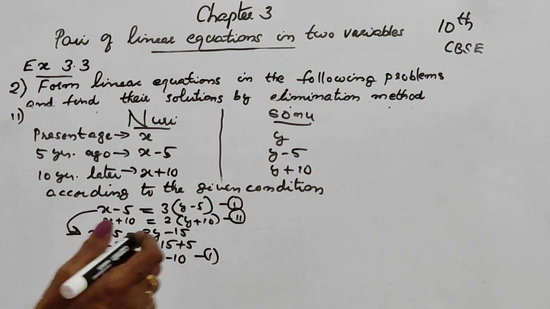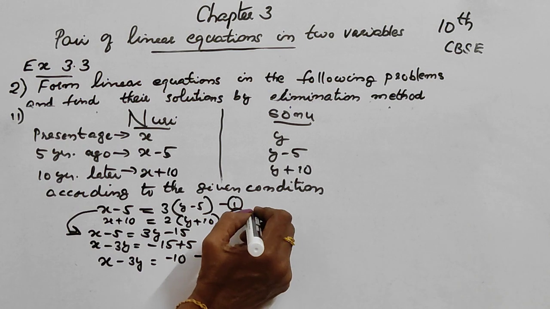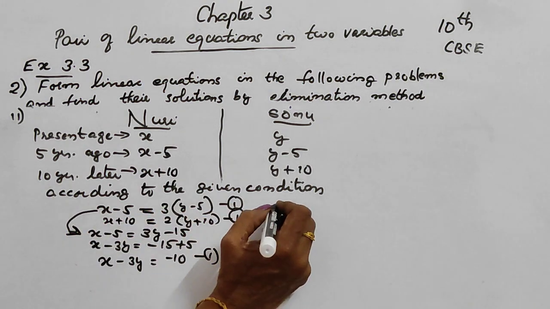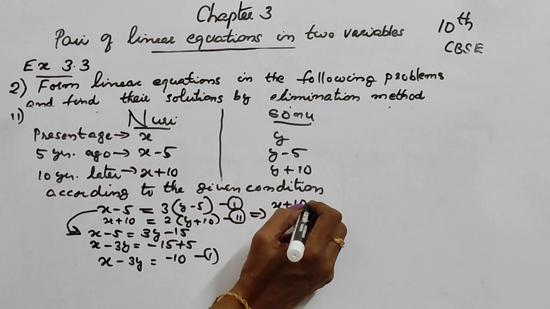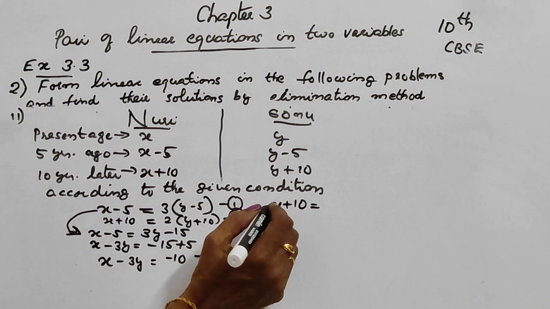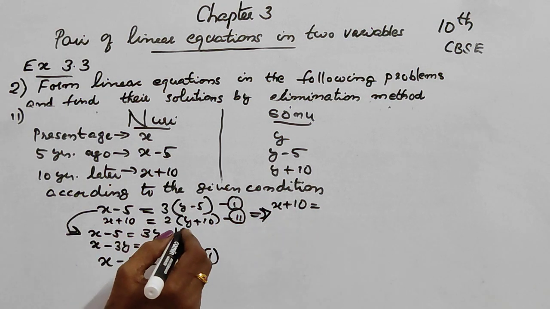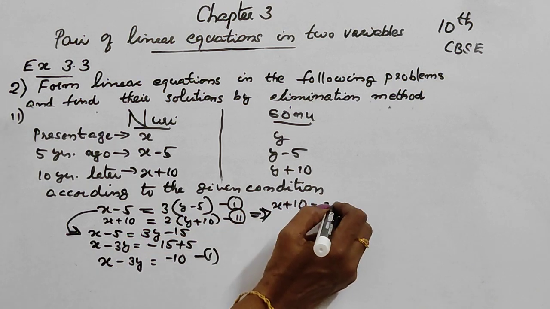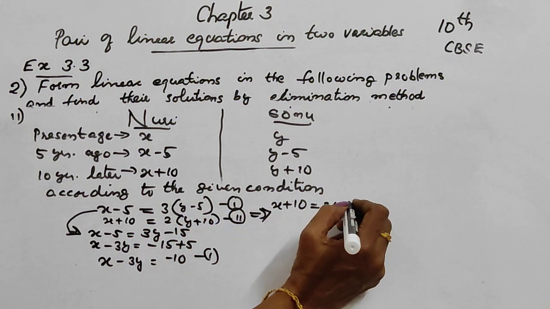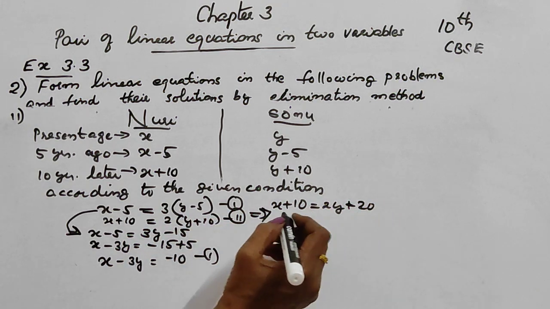Now we can simplify the second equation also like this. x plus 10 equals 2 into y, 2y, plus 10 into 2, 20.